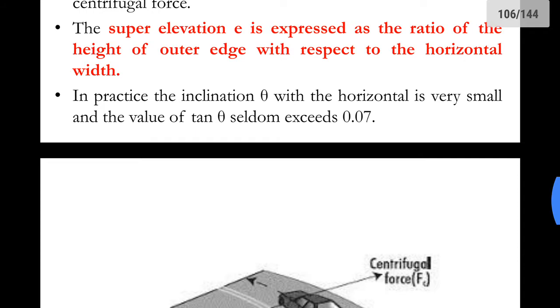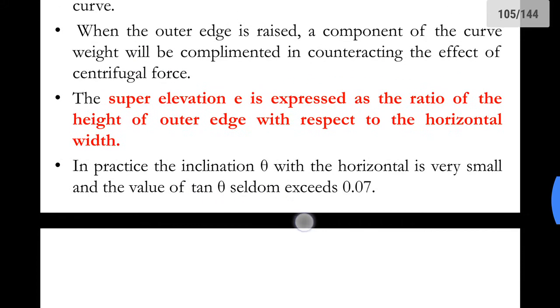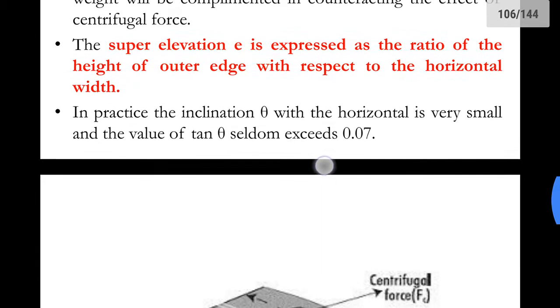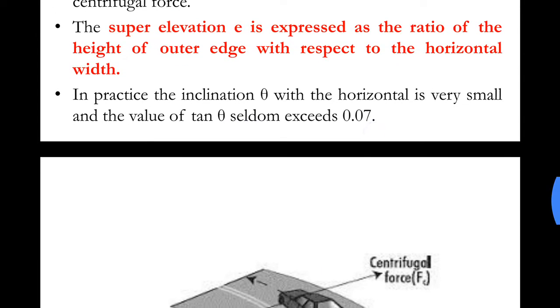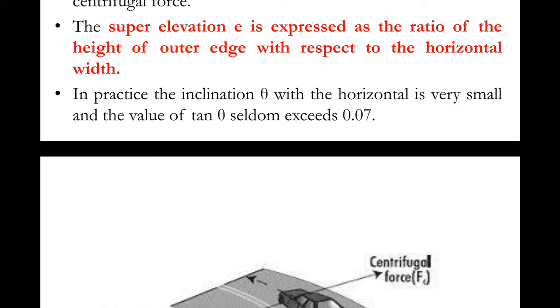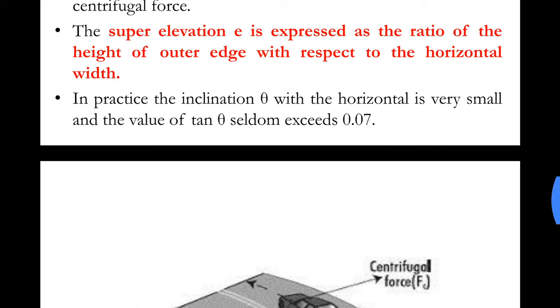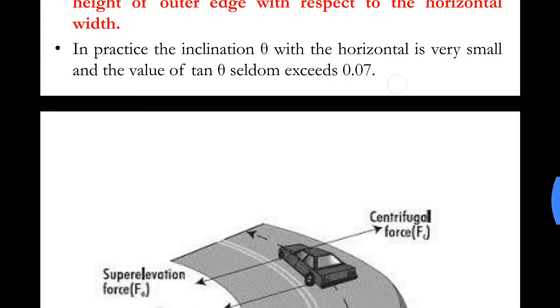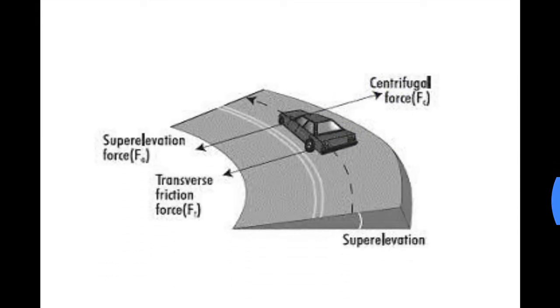So tan theta in actual road conditions would not be greater than 0.07, it is rarely greater than 0.07. So 0.07 is the standard maximum value of super elevation that we design for.